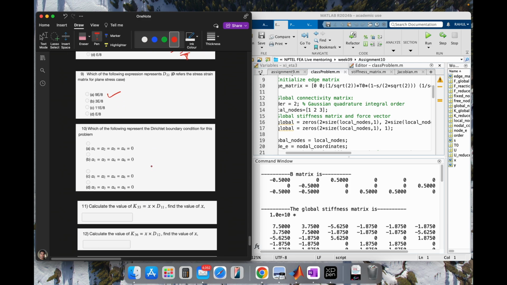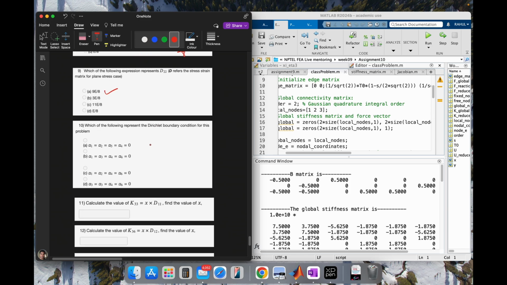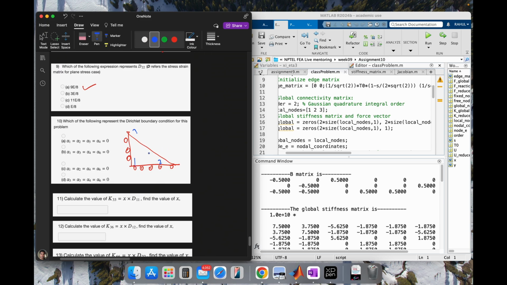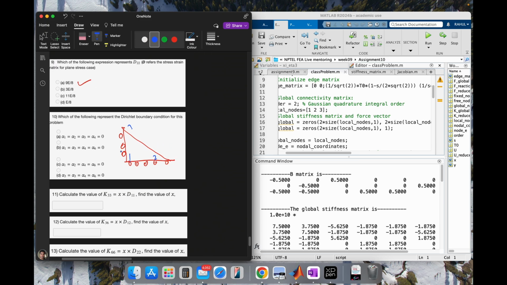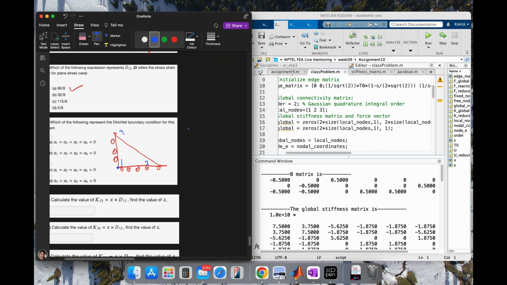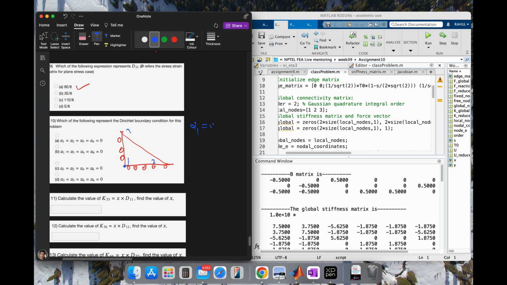Now it is saying which one of the following is the Dirichlet boundary condition for this problem. So this was the condition. These are nodes 1, 2 and 3. We can see that this node is not able to move along this direction and this direction, which means alpha 1 equal to 0, alpha 2 is also equal to 0.